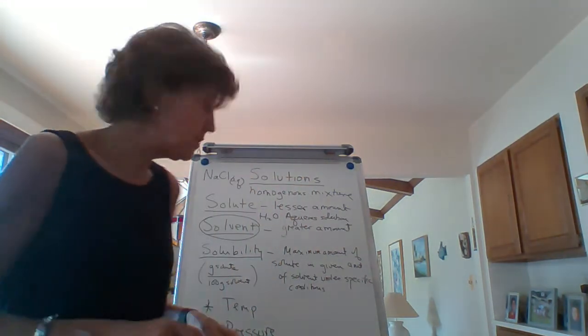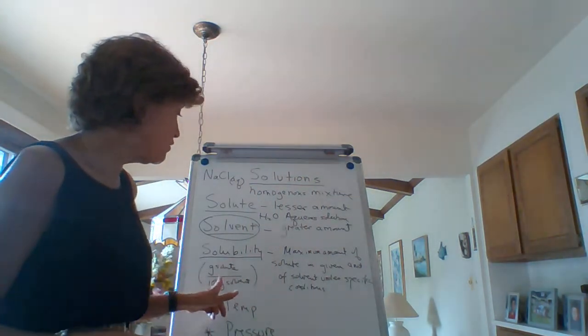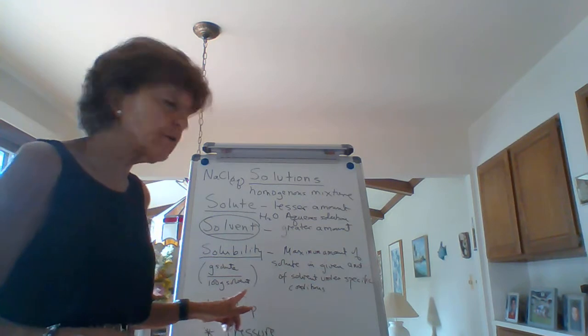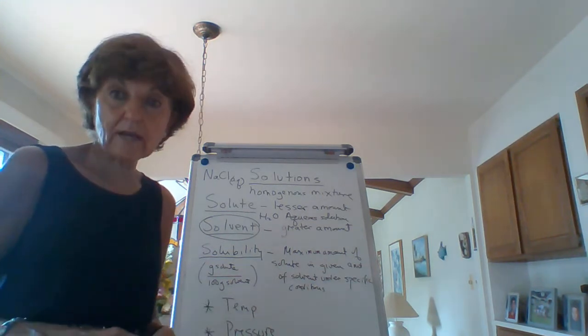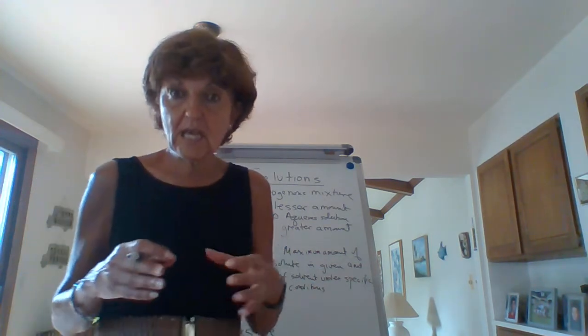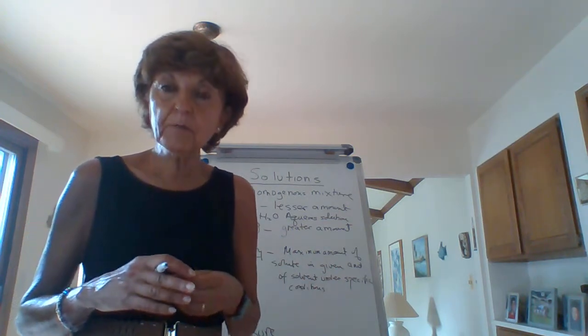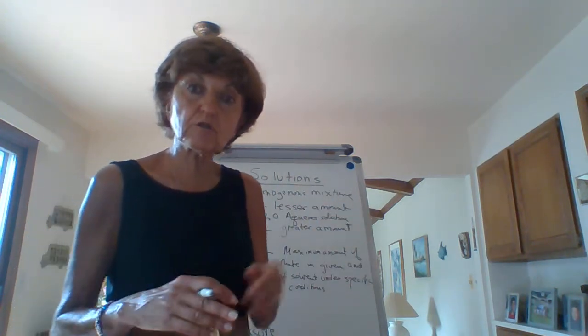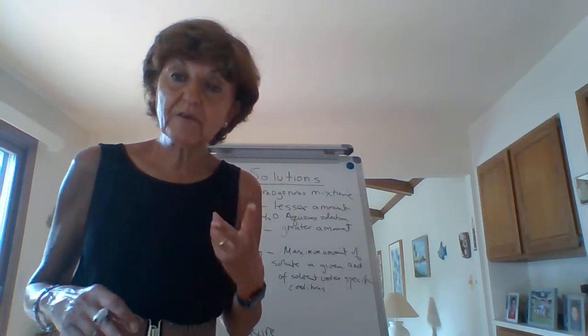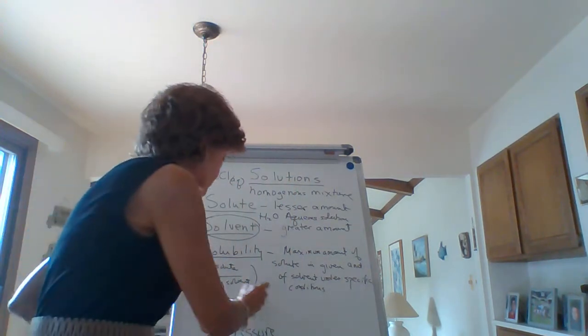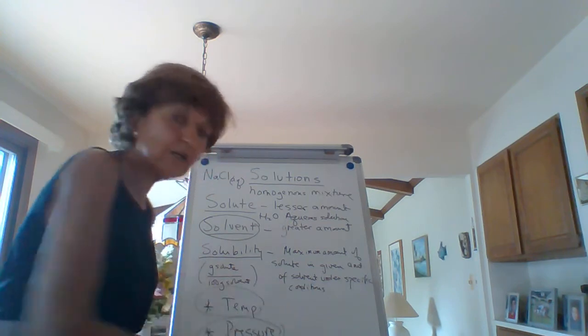Now, solubility is usually measured in grams of solute per 100 grams of solvent. And you have a table in your book that talks about different solubilities of different components at different temperatures. So the two main things that affect solubility are temperature and pressure. What do we need to know about that?